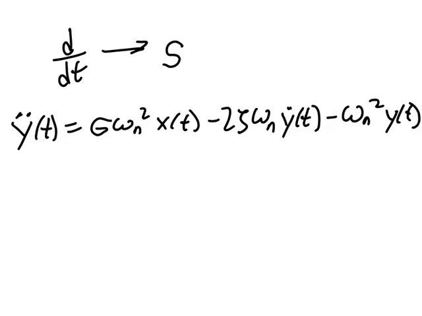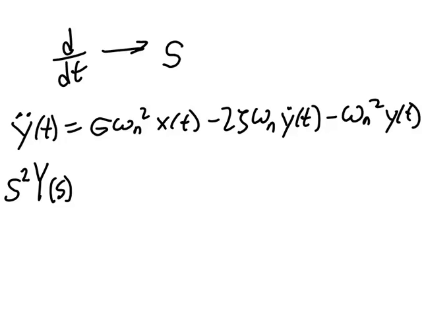In the Laplace transform, the derivative of a variable becomes converted into a variable called s. So let's start over here on the left. The second derivative of the output signal y of t, after we take the Laplace transform, becomes s squared, because we've taken the derivative twice, times the variable Y of s.